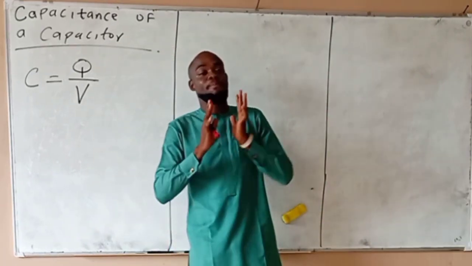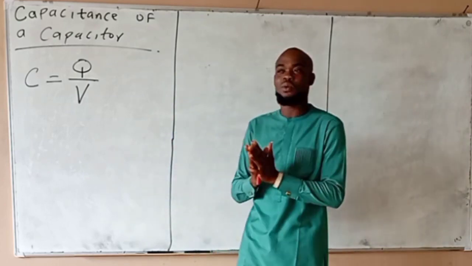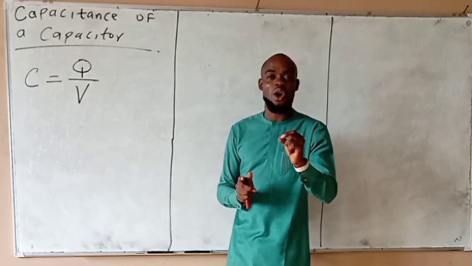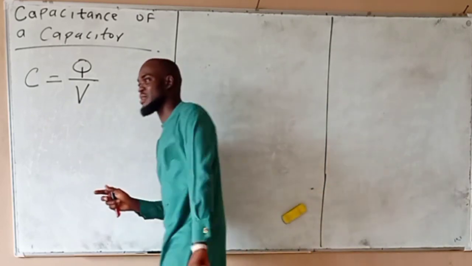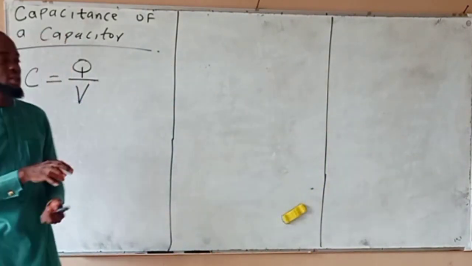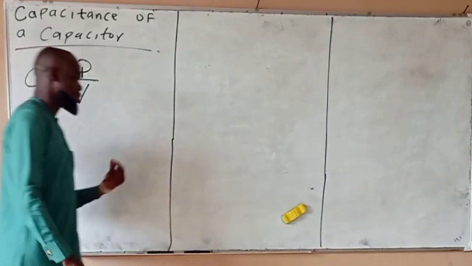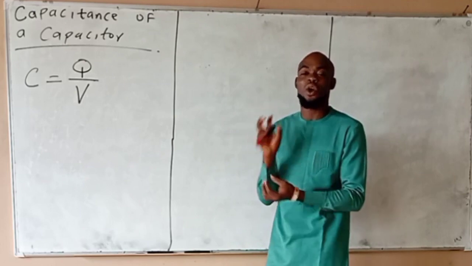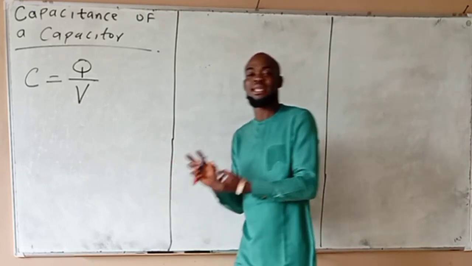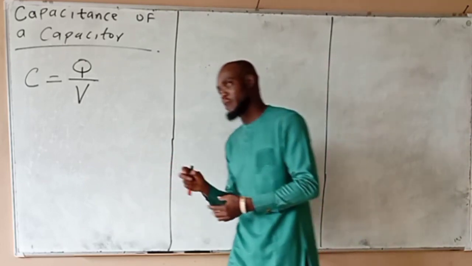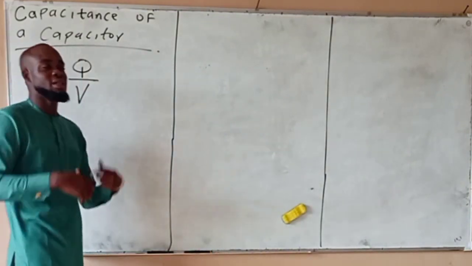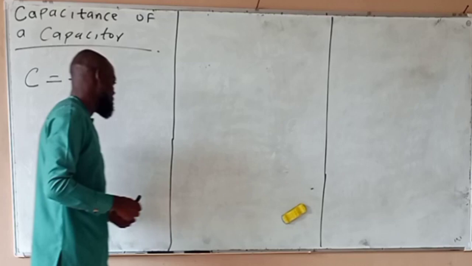Now, the plates of the capacitors are always separated by a material called a dielectric material. And the dielectric constant of a medium, which is air, is approximately equal to 1.